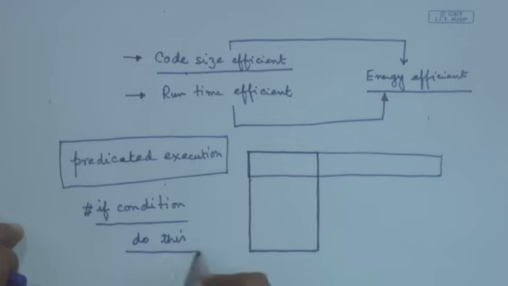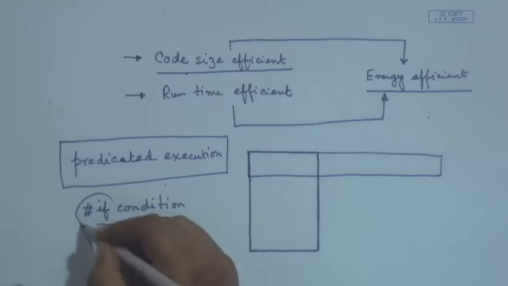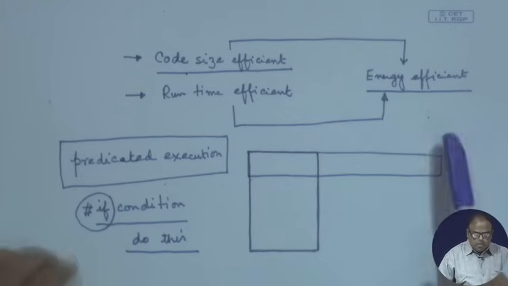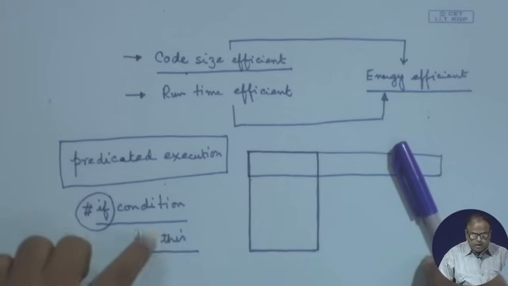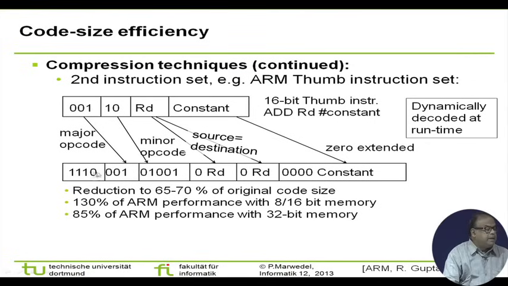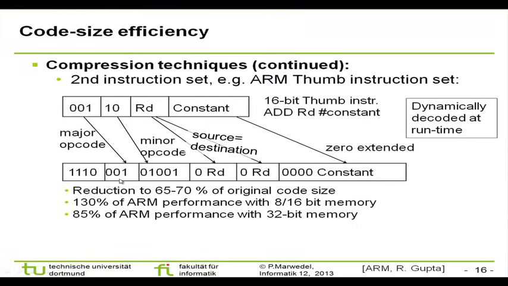We will come back to this later on. So, here there is some condition, some predicate, that if this predicate holds, then do this. So, that is a conditional operation, conditional opcode.